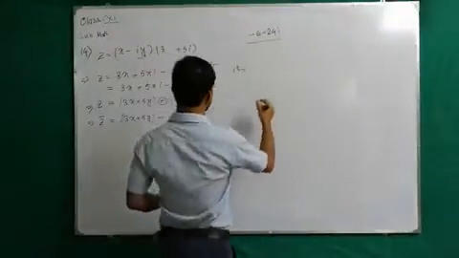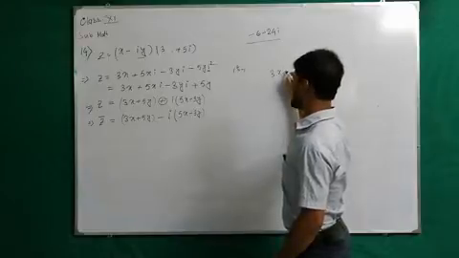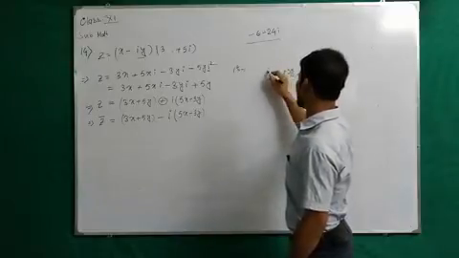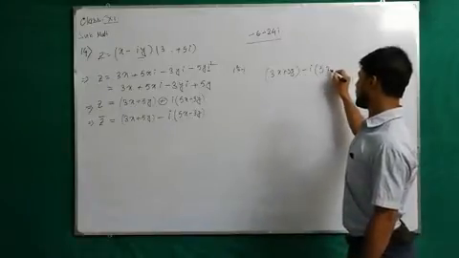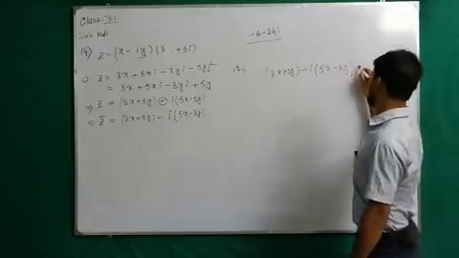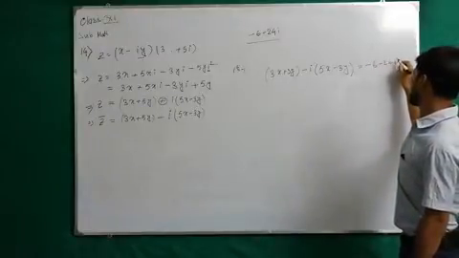So we can compare: 3x plus 5y minus i into (5x minus 3y) will be equal to minus 6 minus 24i.